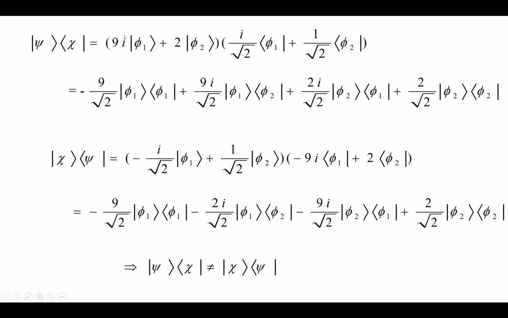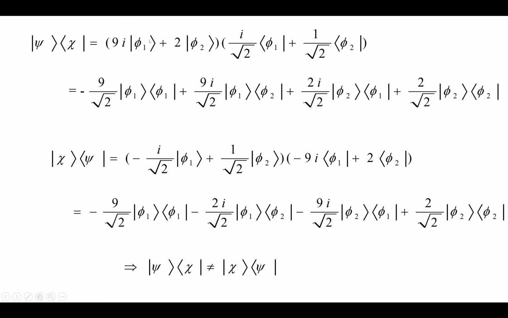First we take the first term multiplied by the first term of the second part, and the first term multiplied by the second term of the second part. So 9i phi 1 multiplied by i by root 2 phi 1 will give you i into i, which is i squared, minus 1, so minus 9 by root 2. You have this phi 1 and this phi 1, that is ket phi 1 and bra phi 1. The first term is over.